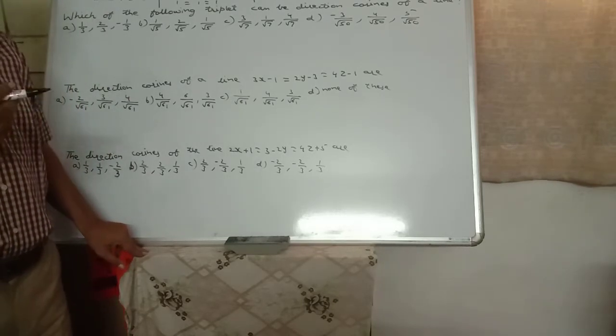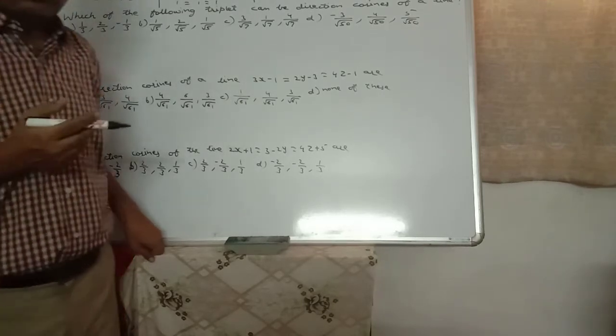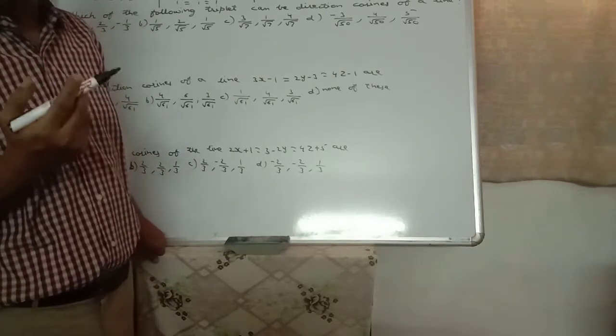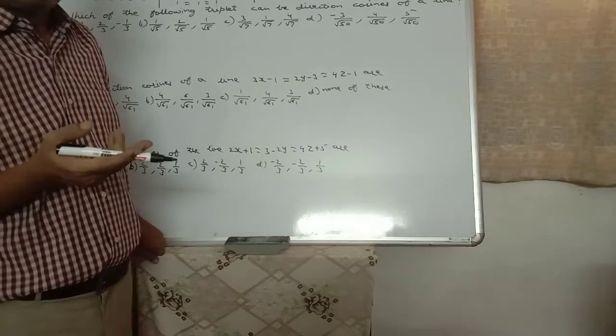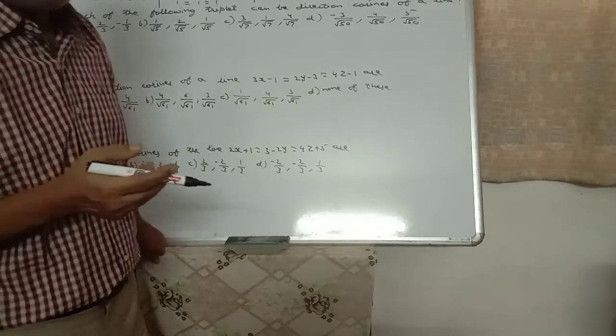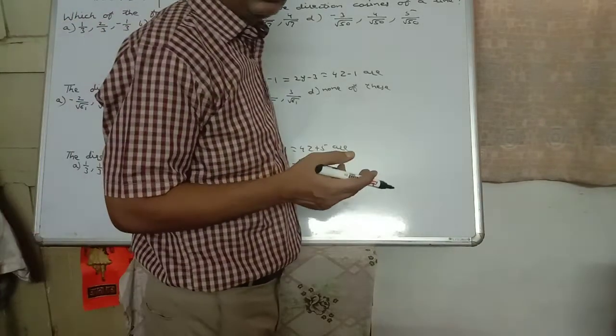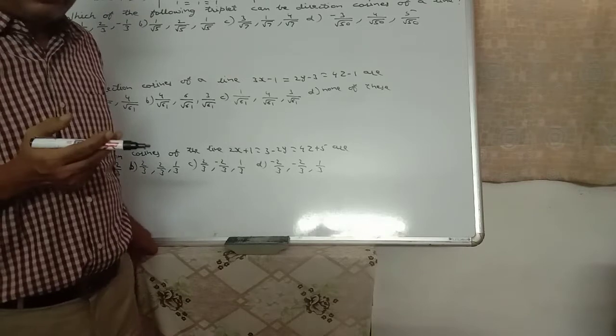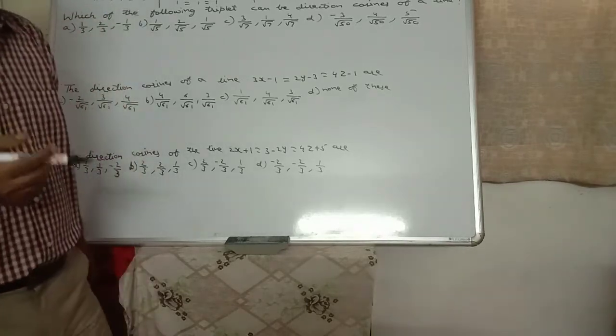If l, m, n are direction cosines of a line, then l square plus m square plus n square is equal to 1. If cos alpha, cos beta, cos gamma are direction cosines of a line, then cos square alpha plus cos square beta plus cos square gamma is equal to 1.